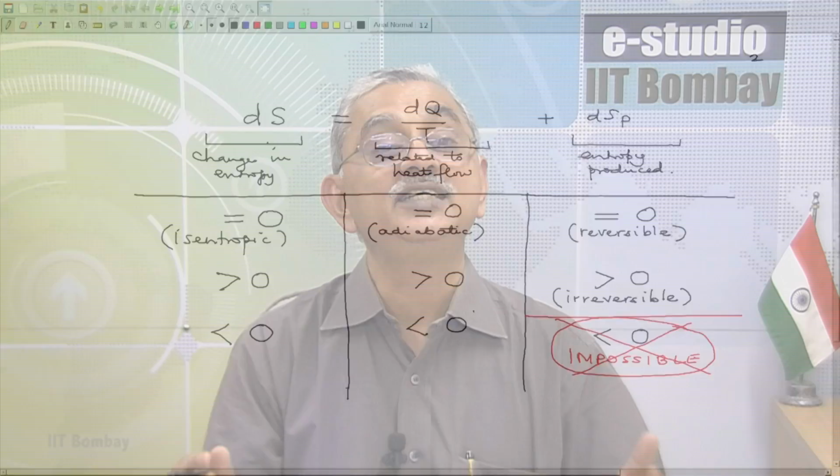Although these are three independent characteristics, if you decide that you have two of them, then the third automatically comes. So if you have a process which is isentropic and adiabatic, it will be reversible, you have no choice. Similarly, if a process is isentropic and reversible, it has to be adiabatic. And a process which is adiabatic and reversible must be isentropic, there is no choice.